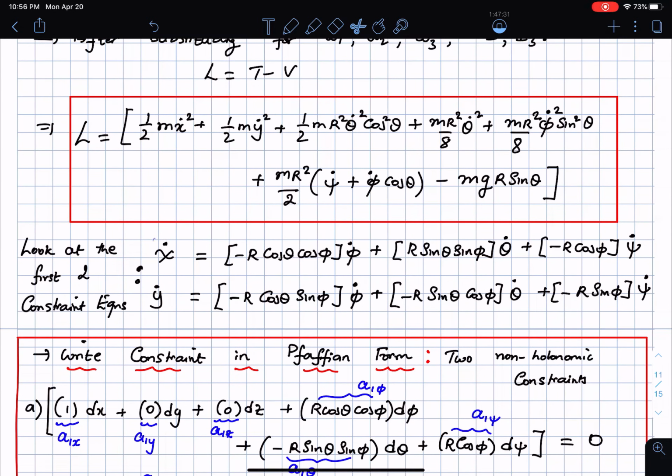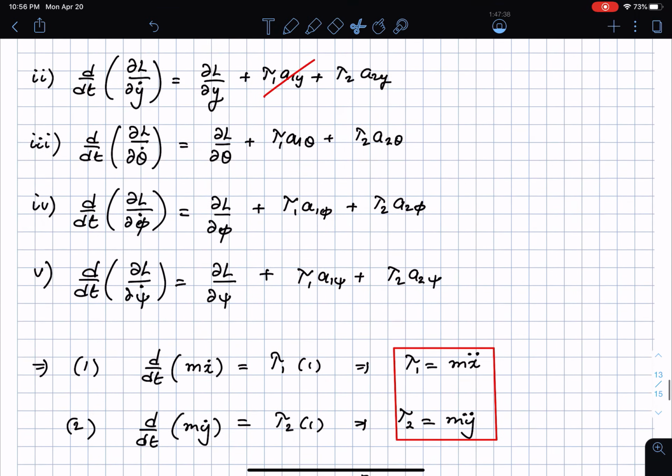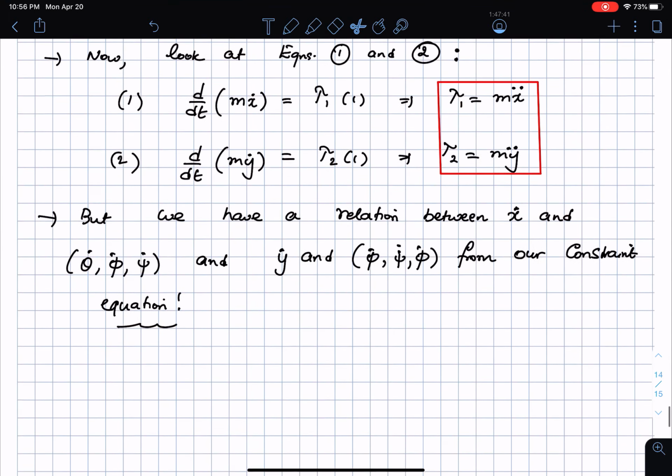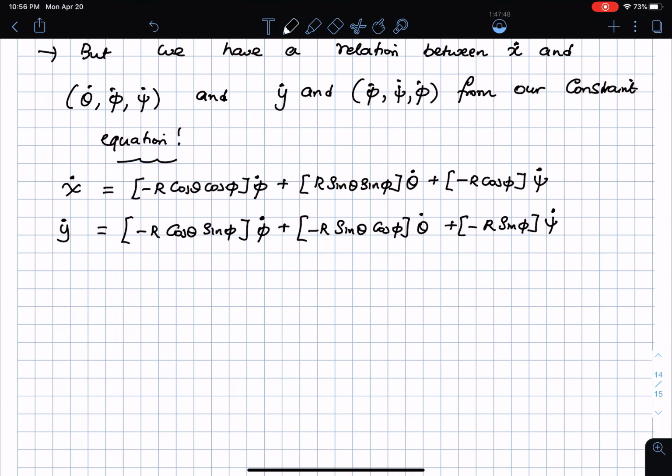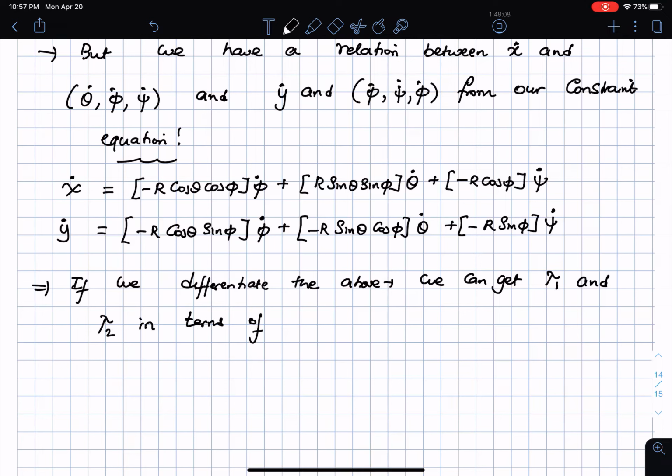So here is that equation. I'm going to copy that and paste that here. That's coming from here, which means that if I differentiate the above, we can get lambda 1 and lambda 2 in terms of the Euler angles. And that's exactly what I'm going to be doing.